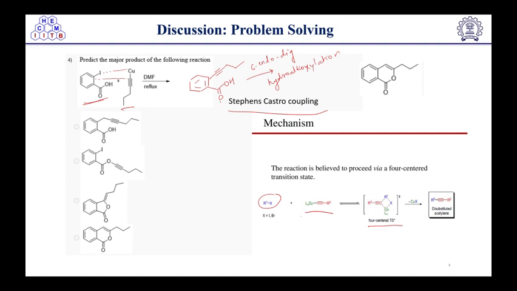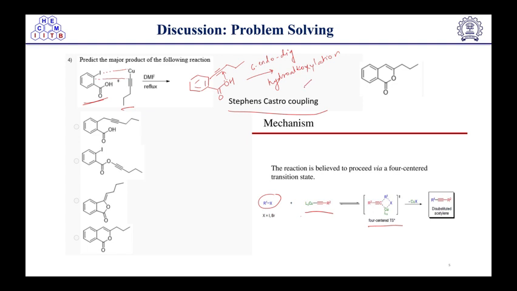Why 6-endo-dig hydroalkoxylation? Because this oxygen will attack over here and the double bond is coming inside the ring. So whenever this type of reaction takes place on a triple bond via a heteroatom, it is 6-endo-dig or 5-endo-dig, depending on the ring size, and the reaction name is given accordingly. It is hydroalkoxylation because it's undergoing a hydroalkoxylation reaction.